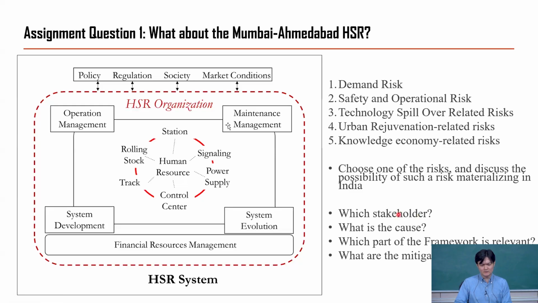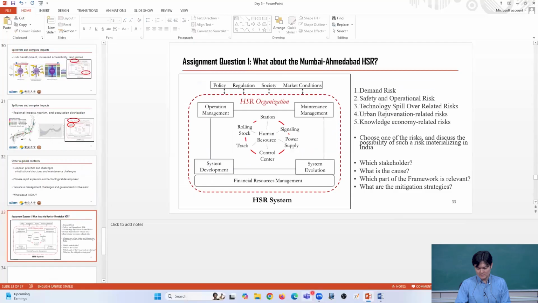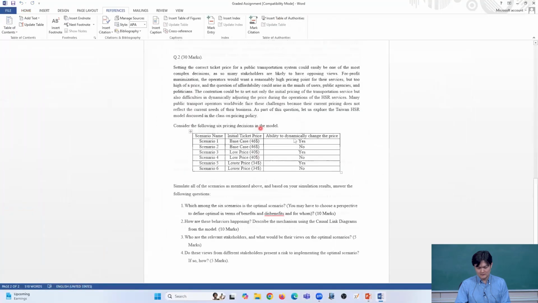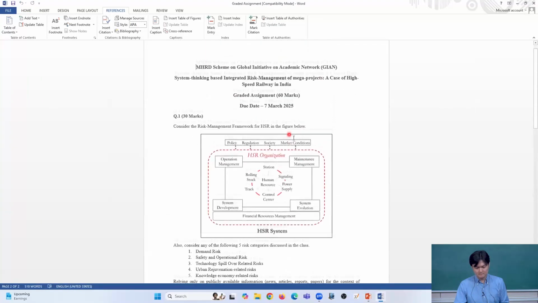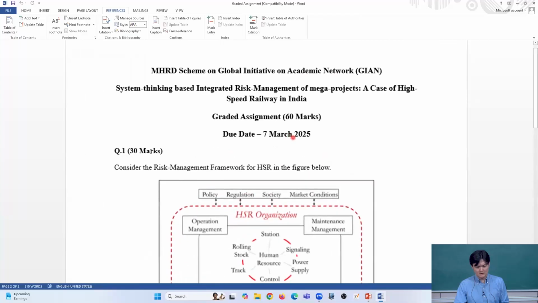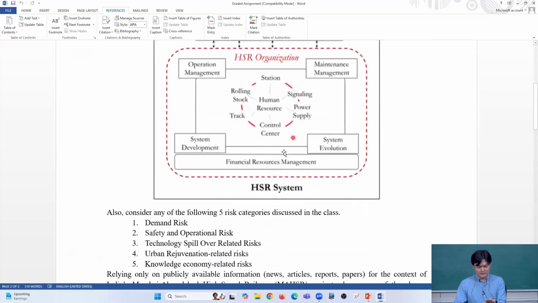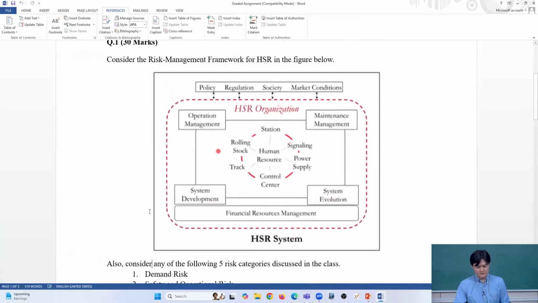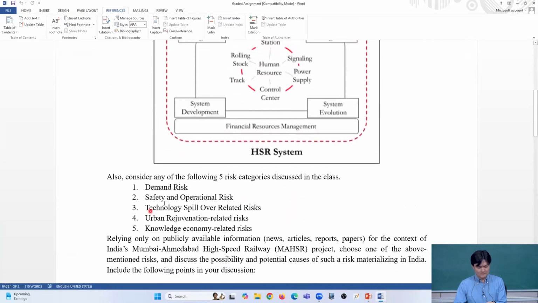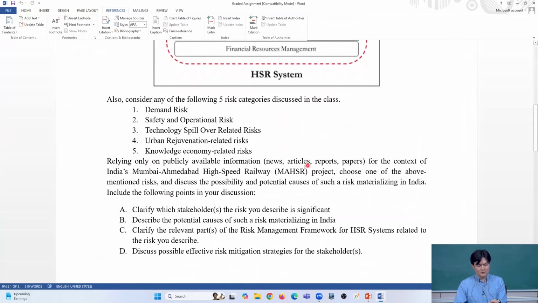1 or 2 pages I wrote. We ask you to talk about that. Okay, this is the assignment. Consider this framework. Consider the 5 risks. I want you to go through some news articles, internet articles, reports, or papers about the Mumbai-Ahmedabad high-speed rail.